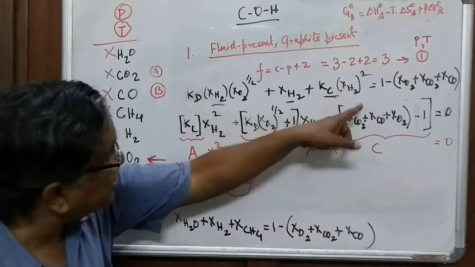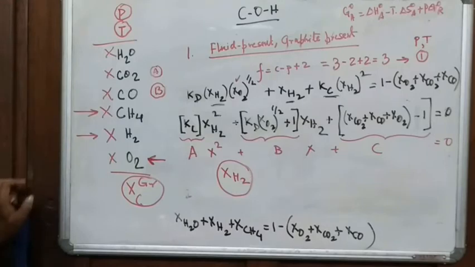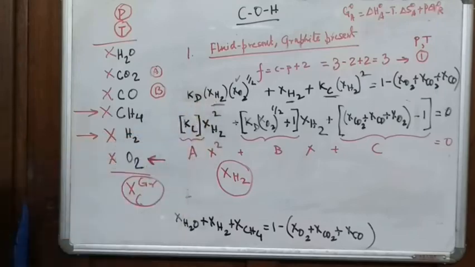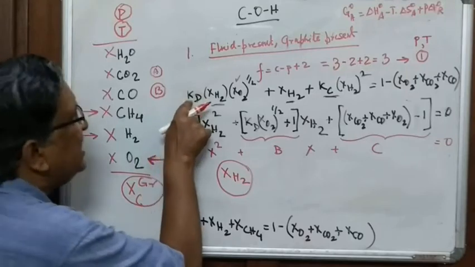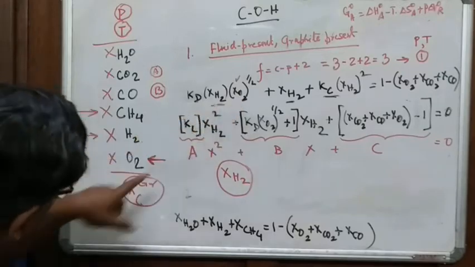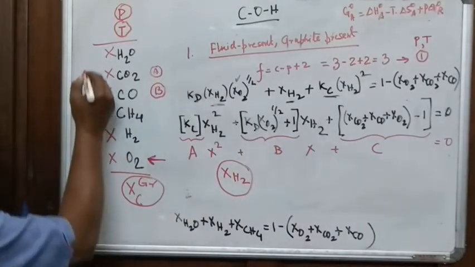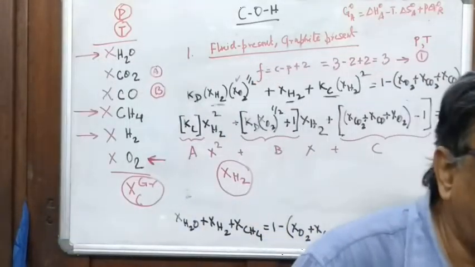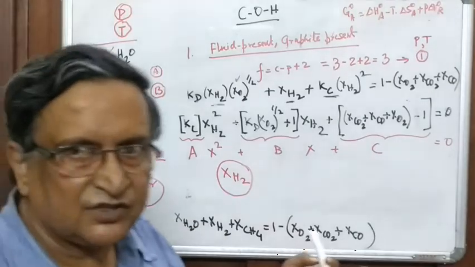And if you take reaction D, you know XO2, you know Kd because of pressure and temperature, and you know XH2, then you also know XH2O, because XH2O was equal to Kd into XH2 into XO2 to the power half. So there you go. You found out all the parameters that are necessary for your computation.